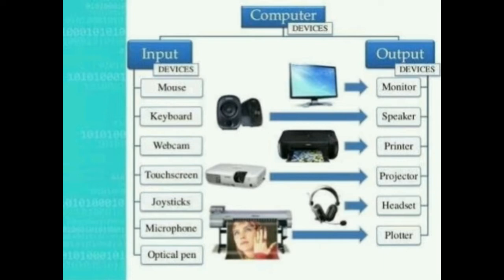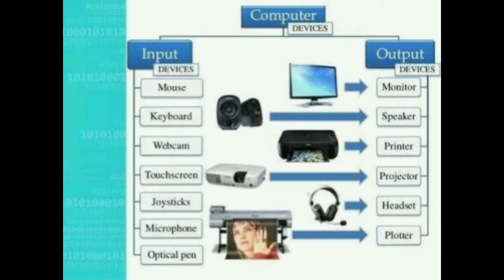Now human body also has many parts. Can you name them? I think you all know. They are brain, eyes, ears, nose, mouth, etc. And these parts help us in many ways.